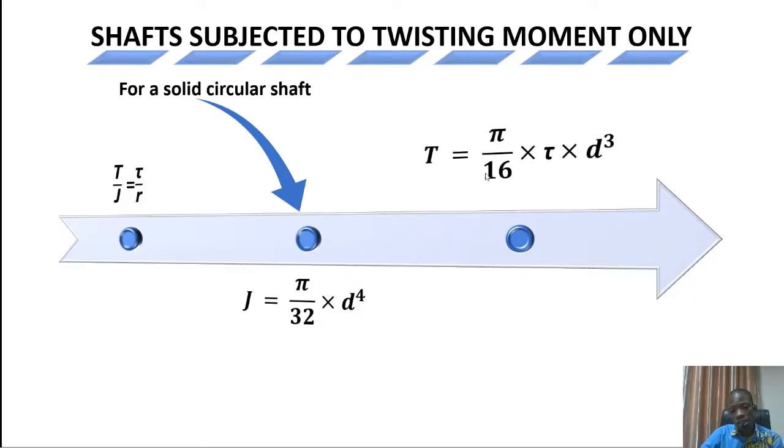This stands for a solid shaft. So when the shaft is solid, with diameter d and shear stress tau, the torque is equal to pi divided by 16 times tau times d exponent 3.